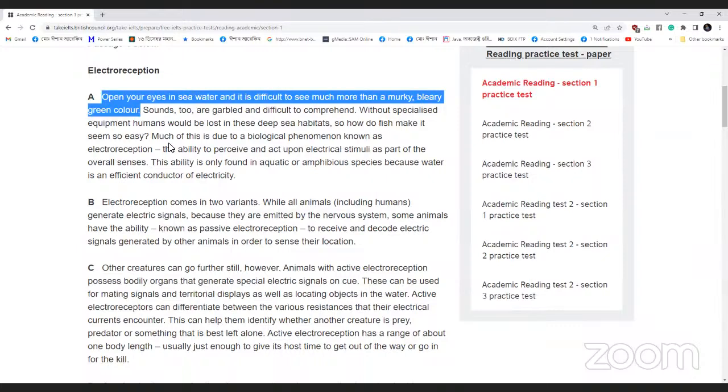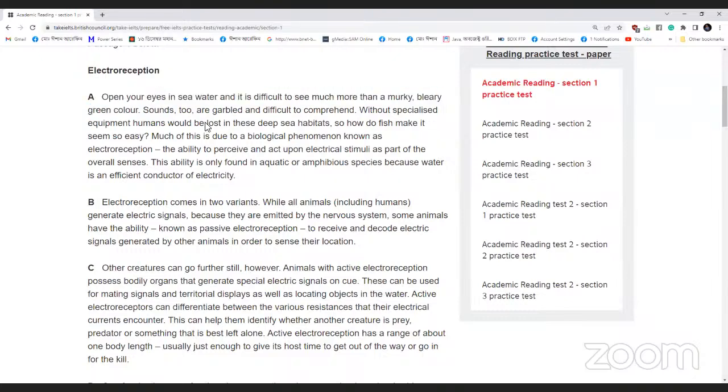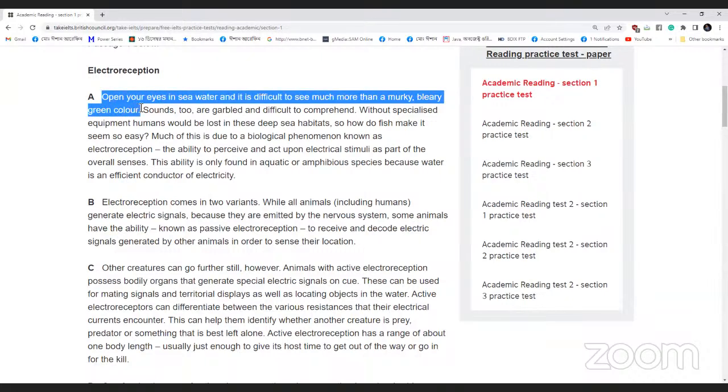We can get an idea that this paragraph is talking about seeing something in the water, some biological phenomena. So this is the topic sentence.